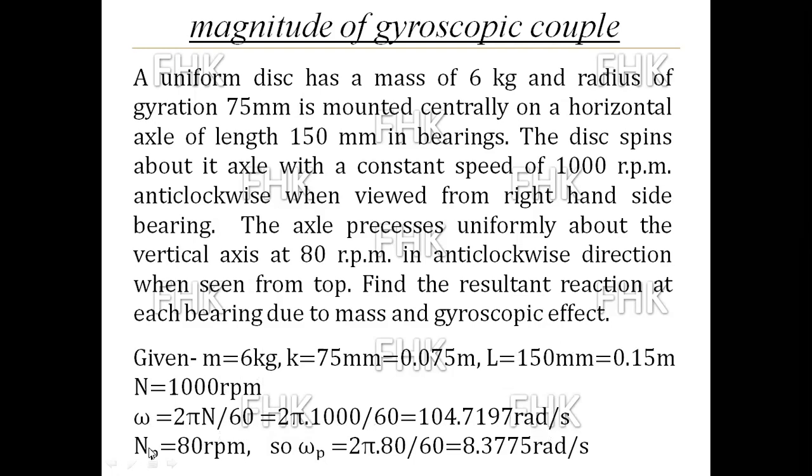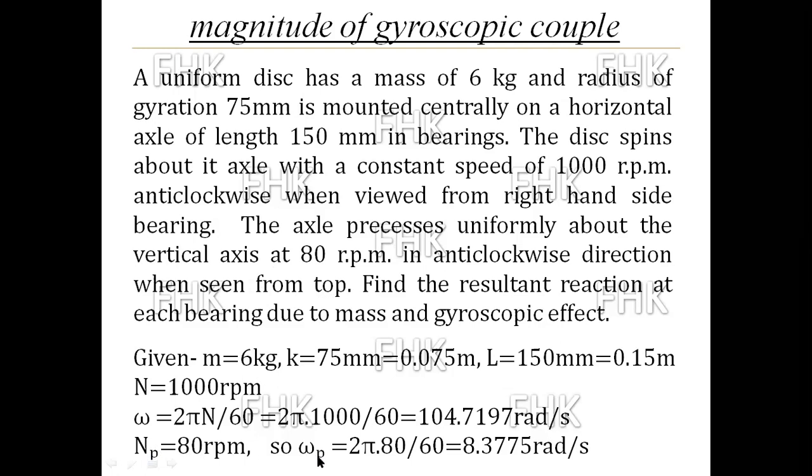And the angular velocity of precession is given. The axle precesses uniformly about the vertical axis at 80 rpm in anti-clockwise direction when seen from top. So Np, the precession speed of the system of a rotating disc, is given as 80 rpm.